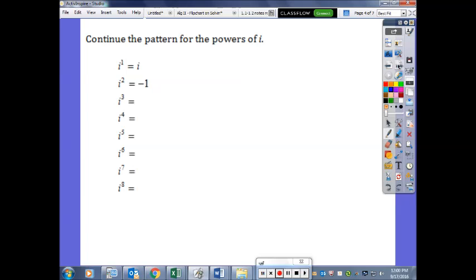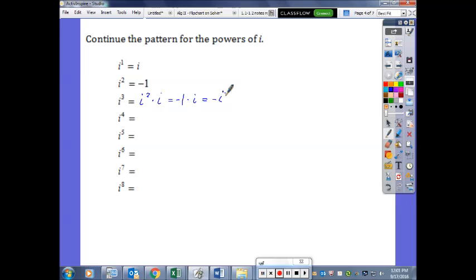So let's think about what is i cubed then. i cubed is the same as i squared times i, right? Remember, adding the exponents, we get to the problem. i squared, we just said, is -1, and i is i. So in other words, i cubed is the same as saying -i.